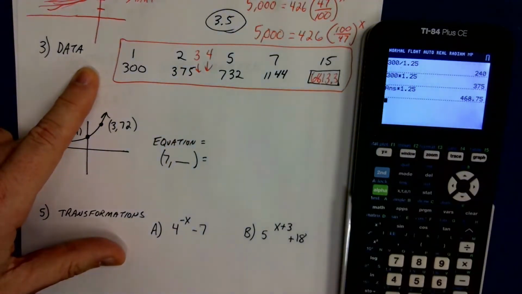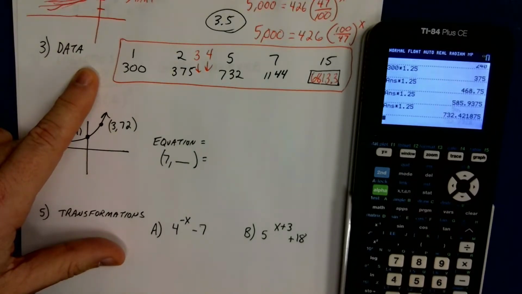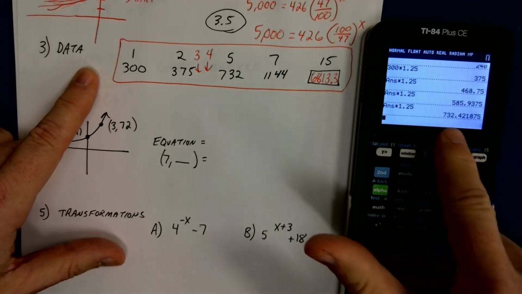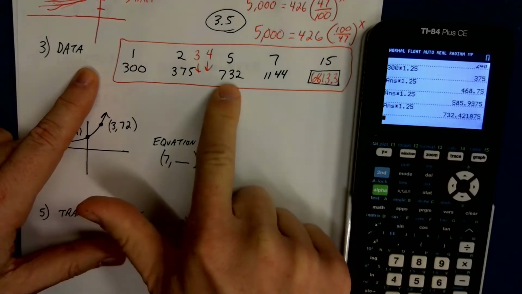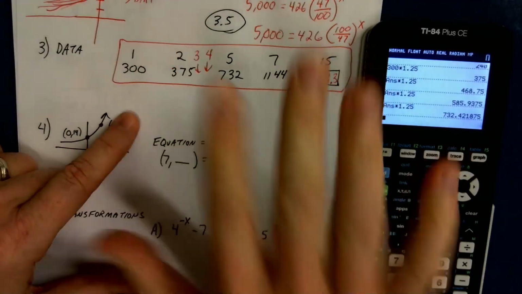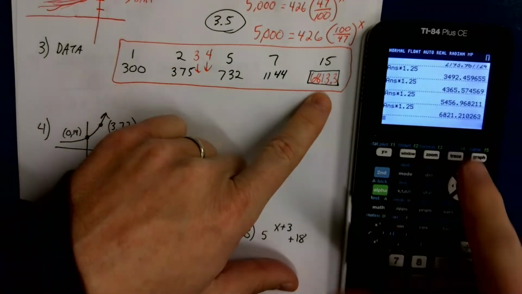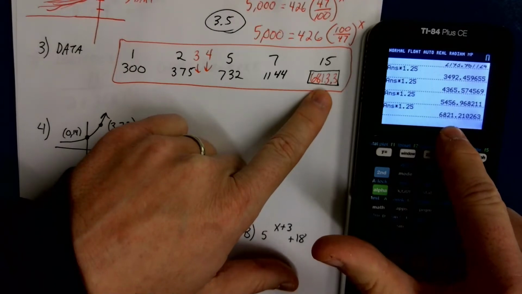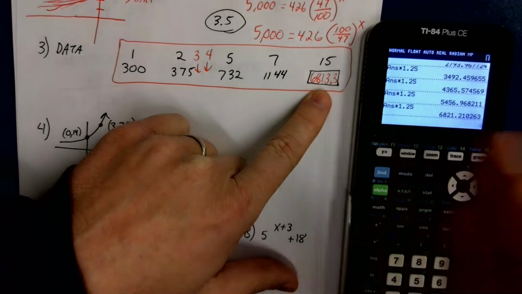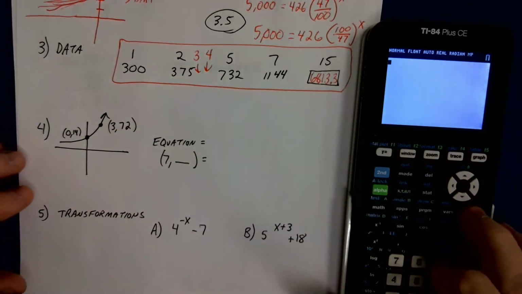So I actually have to multiply by 1.25 again, and then again, and now you can see that 732.42 is really close to 732, and that was the fifth one. So 6th, 7th, through 15th, you can see how the approximation is really close. That's all exponential functions are, is repeated multiplication.